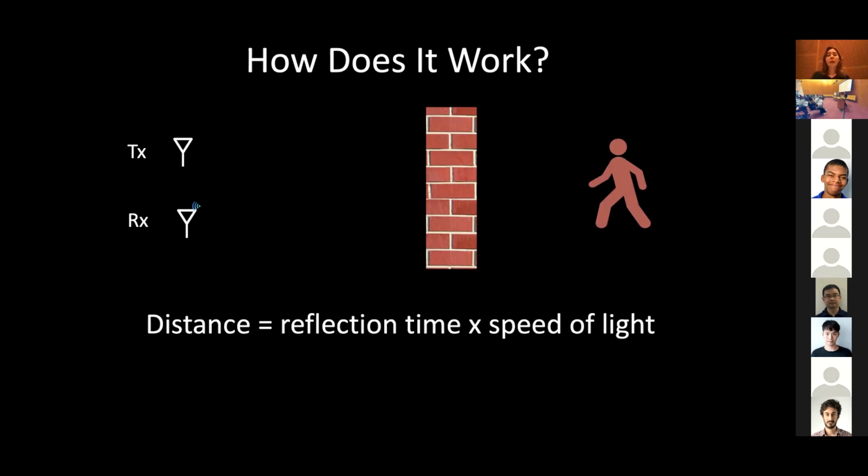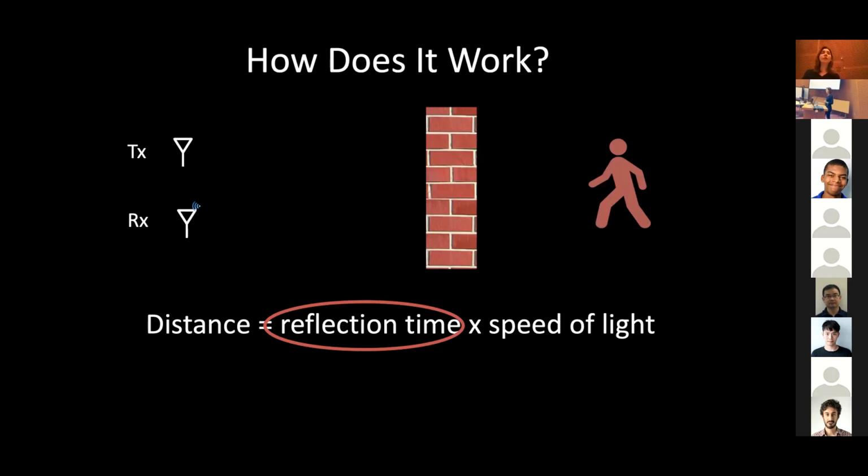Now, we all know that distance is equivalent to the time it takes the signal to travel, the reflection time, multiplied by the speed of light, because the speed of an electromagnetic wave is the same as the speed of light. If you know the speed of light, and we all do, then you can compute the distance by computing the reflection time. This is very simple, just general knowledge.